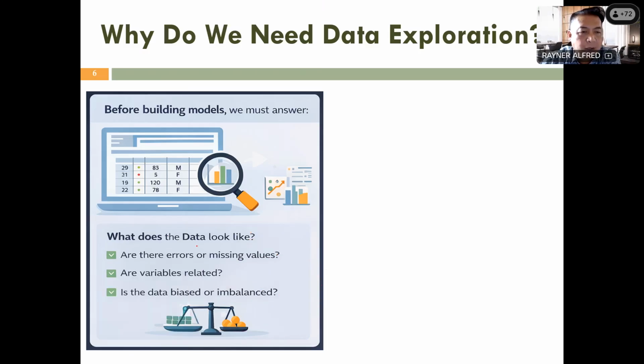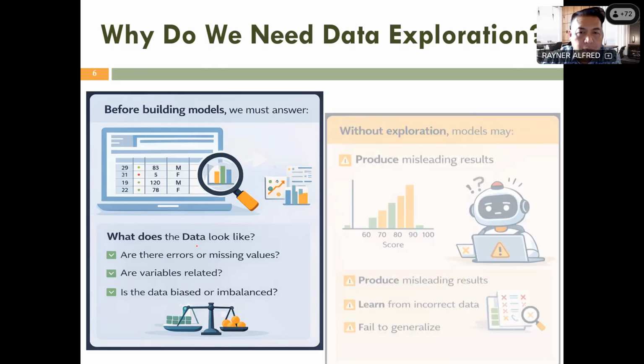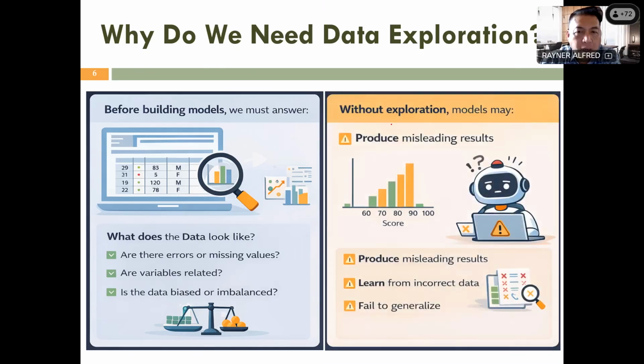Okay, so with data exploration, we will be able to detect missing values, find the relationship between two variables, and detect imbalanced and biased data. Otherwise, what happens to our model?